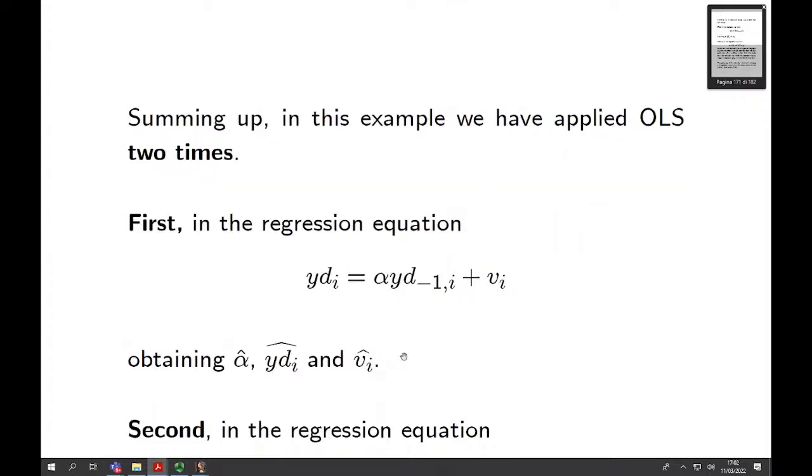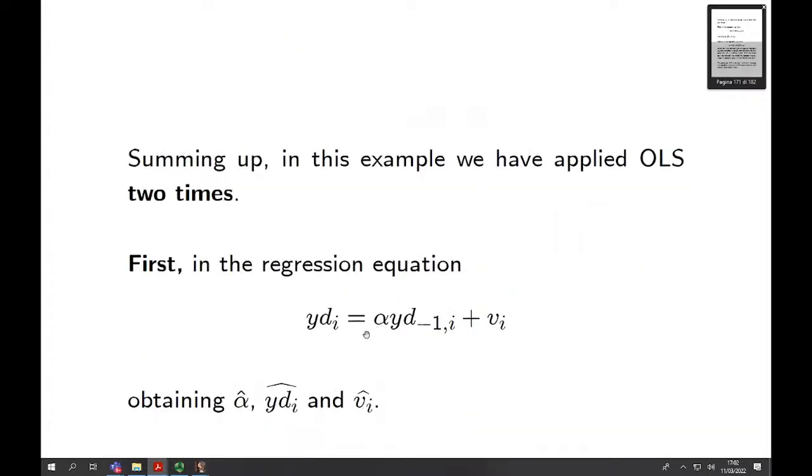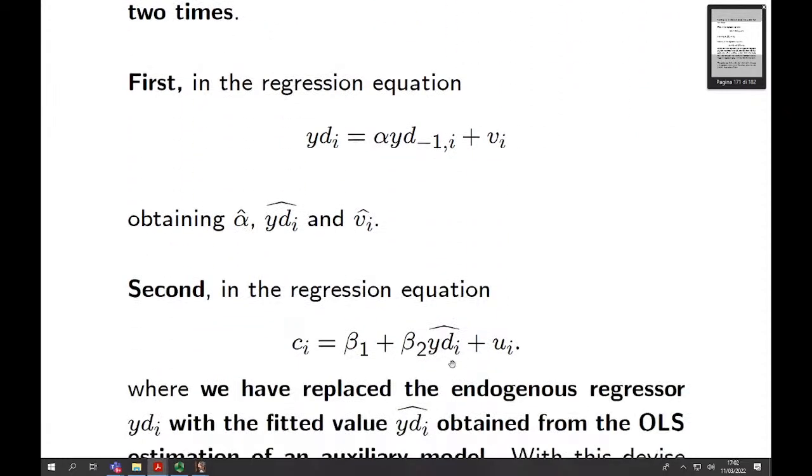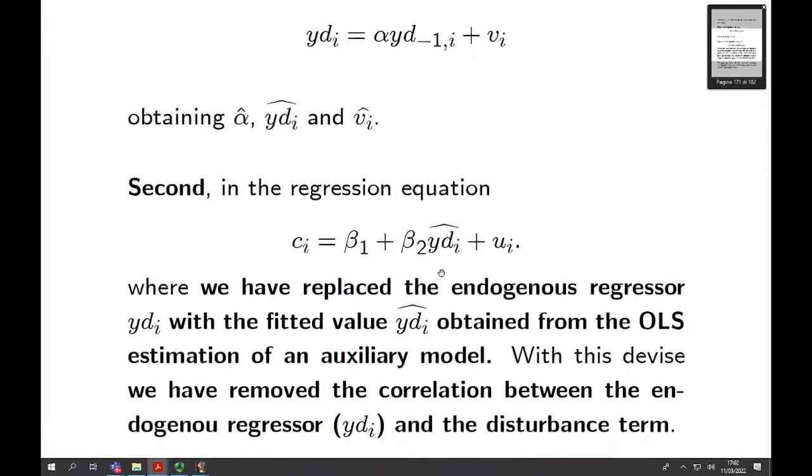Why twice? We applied OLS to this auxiliary model, where we estimated alpha consistently because we know that this regressor is uncorrelated with the error term by construction. And then we come back to the original model, we manipulated it, and we know that in this manipulated model, there is no longer correlation between this regressor and the error term.